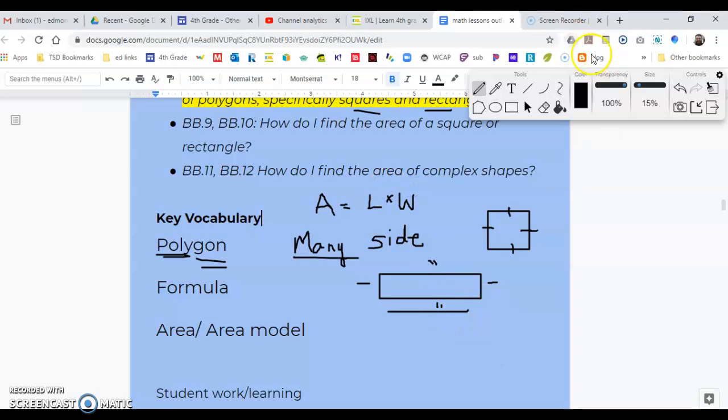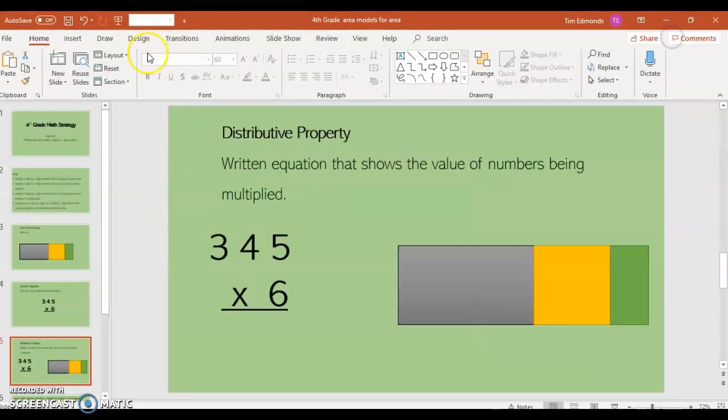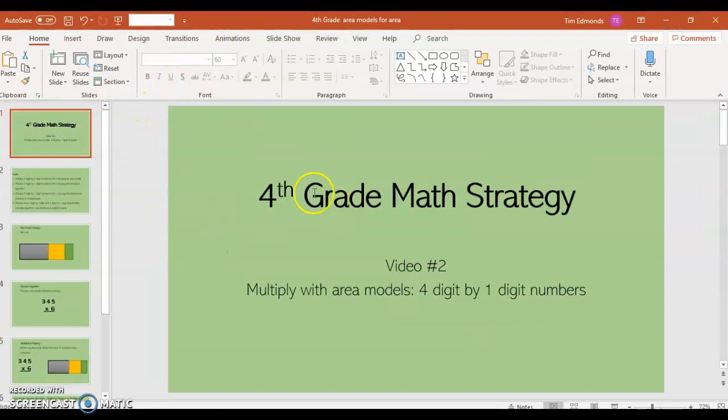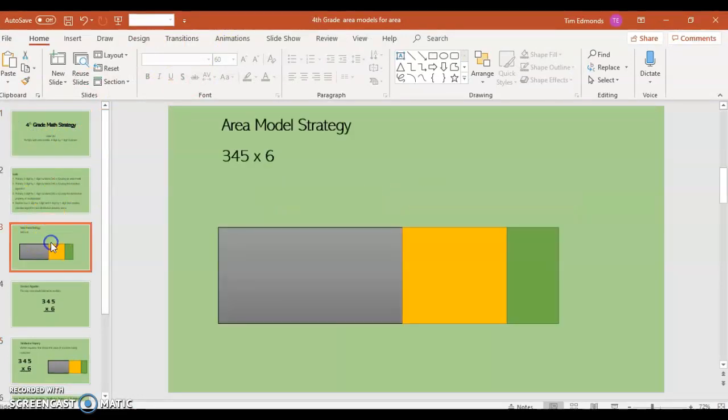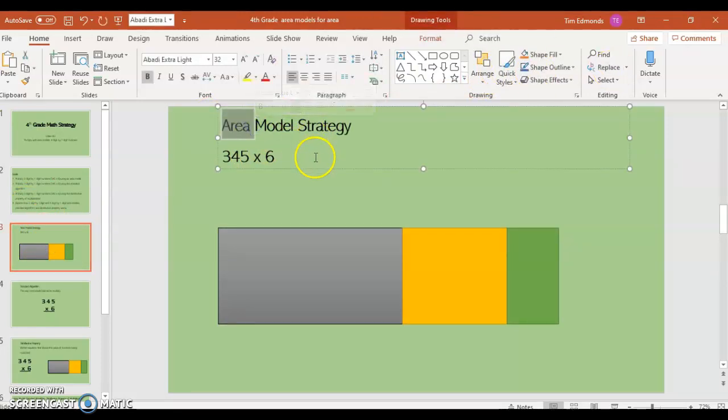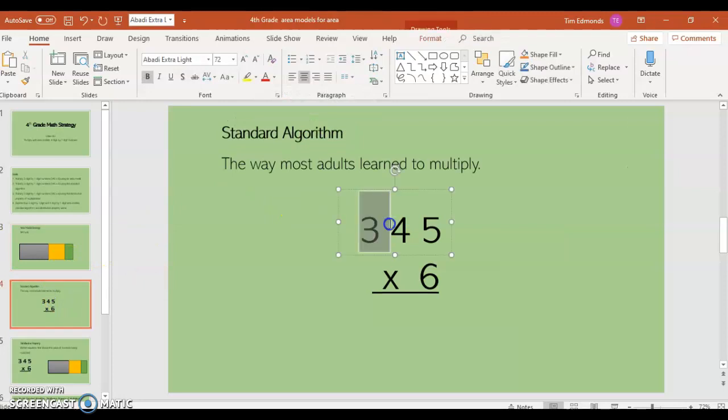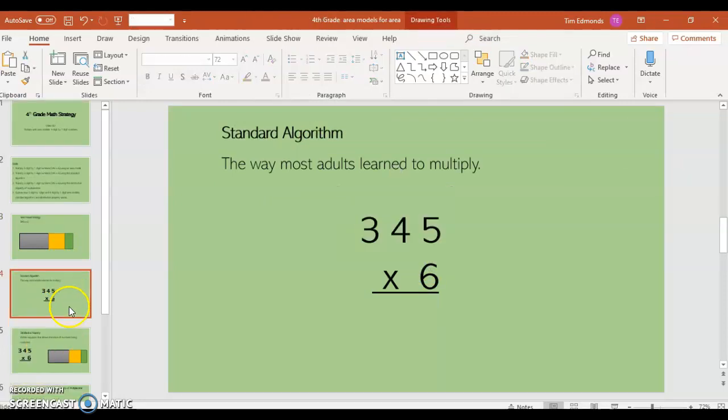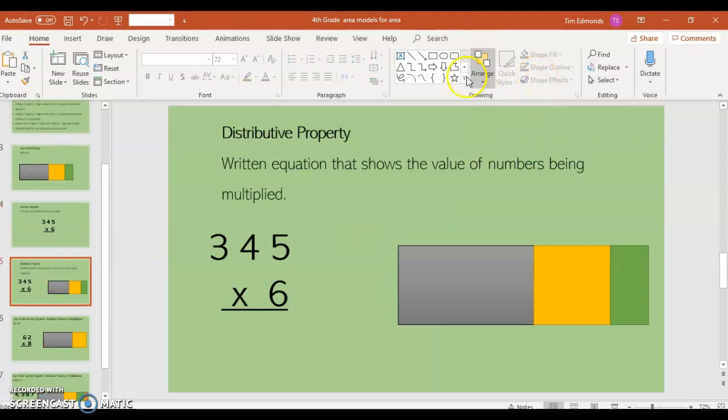Now, I'm going to bring up something we dealt with a long time ago, way back in January, right here. This video is also on my website. It's called Math Strategies. So kids, you've been doing area. Look right here. It says area model. So when we were multiplying numbers like 345 times 6, you were literally multiplying an area model. So imagine for a moment this shape being a 6-foot wide chunk of land that's 345 feet long.